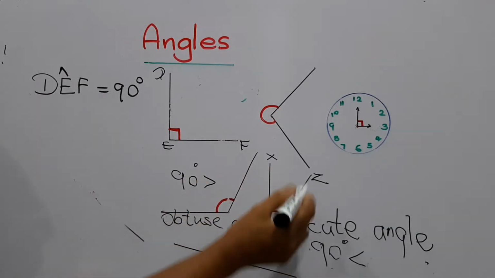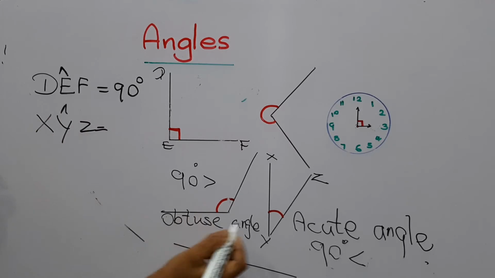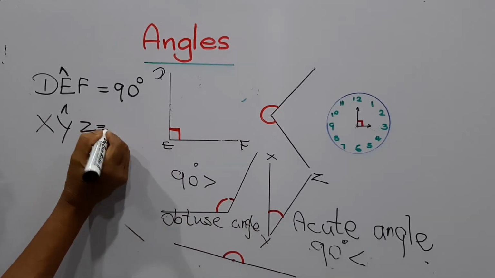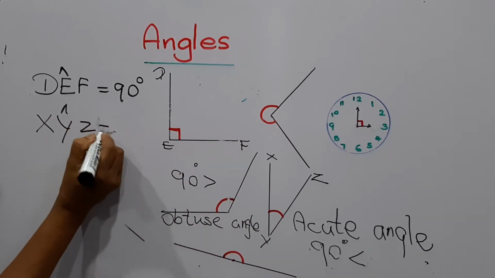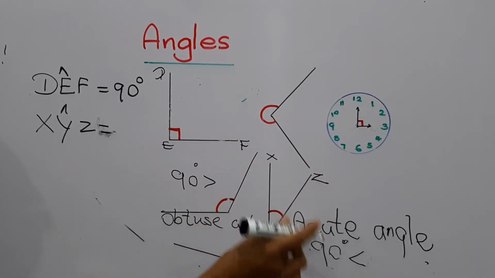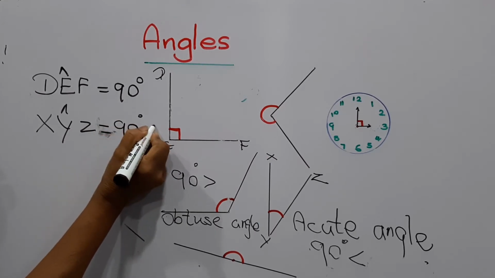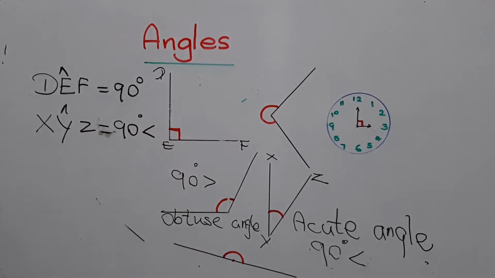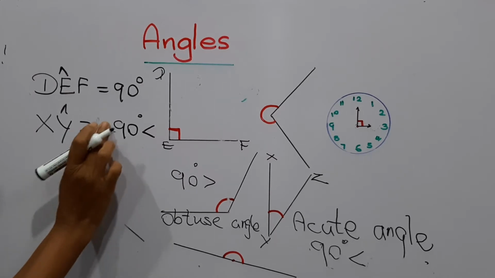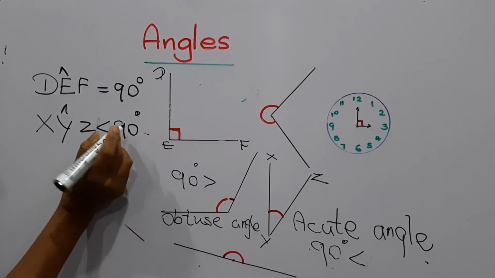We'll name this XYZ. That angle is less than 90 degrees. Can you see the XYZ angle? That is less than 90 degrees, below 90 degrees. Okay, we can write like this here: 90 degrees, below 90 degrees.